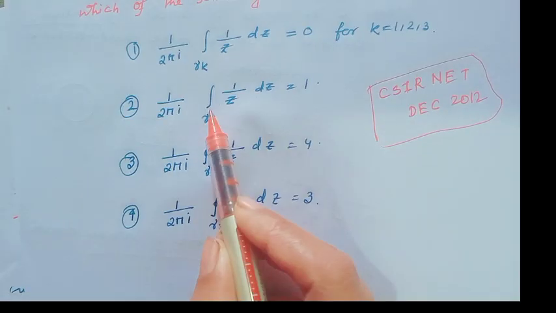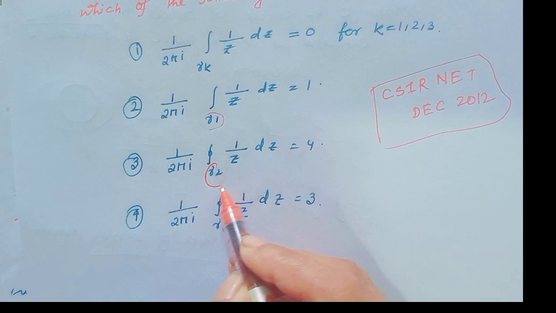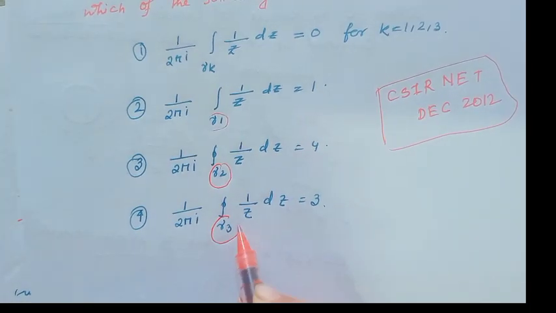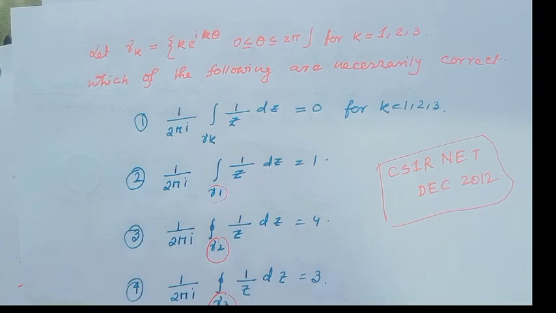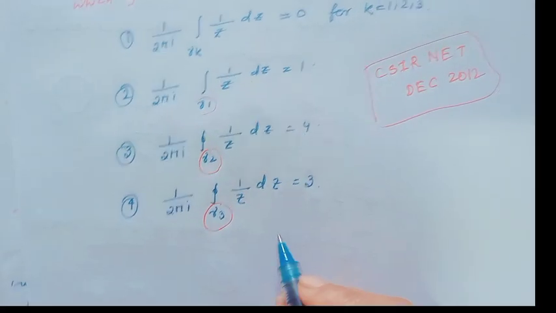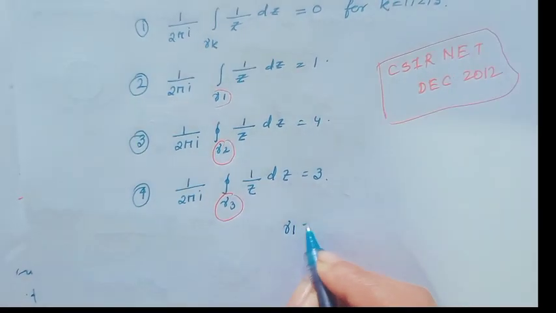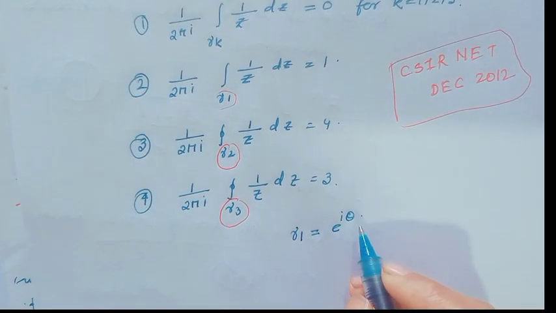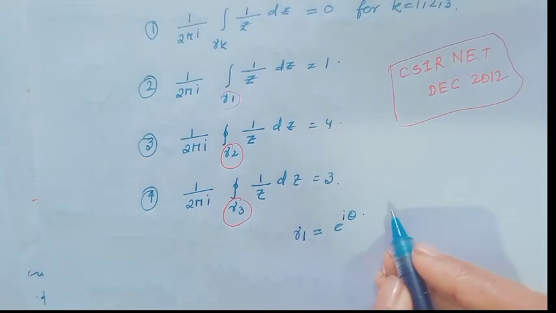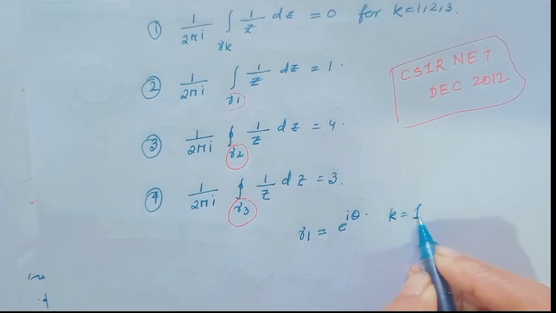Here the question is about gamma 1, gamma 2, and gamma 3. Gamma k equals k e to the power i theta. At first consider gamma 1. Gamma 1 equals e to the power i theta, because here k equals 1.